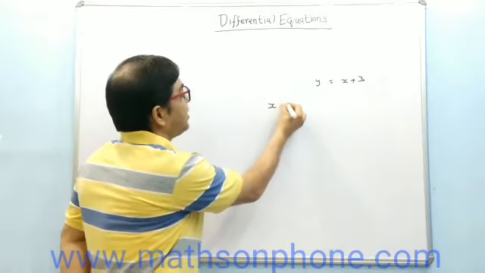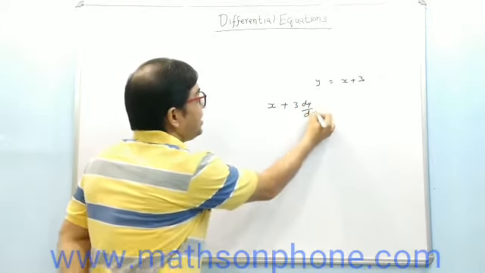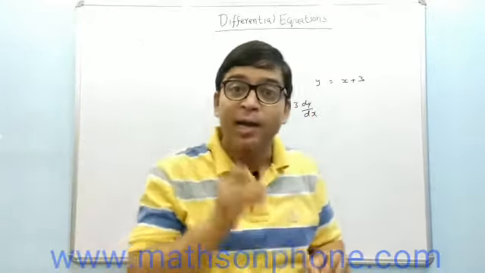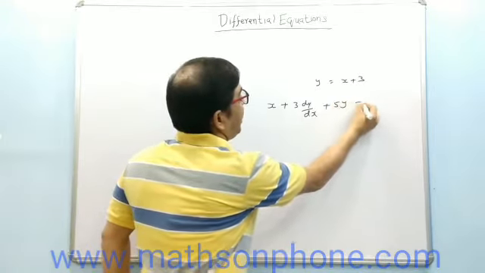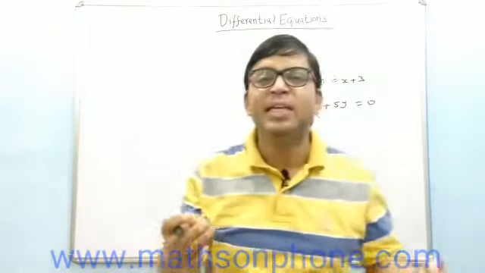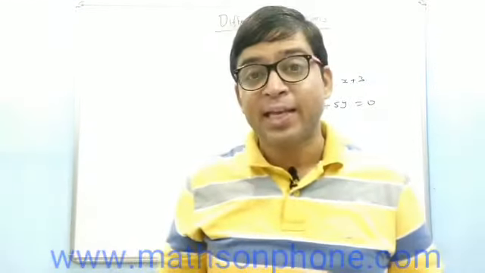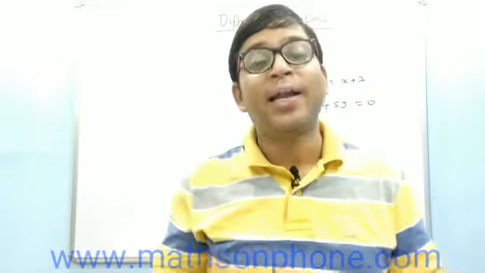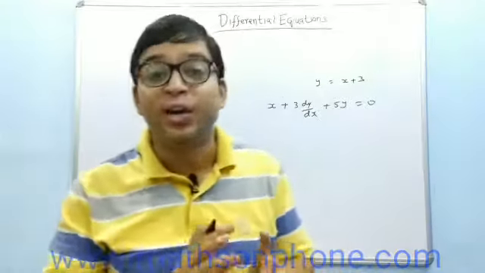Suppose it is (x plus 3) dy by dx, that is the derivative of the dependent variable, plus 5y equal to 0. This is a very simple differential equation.